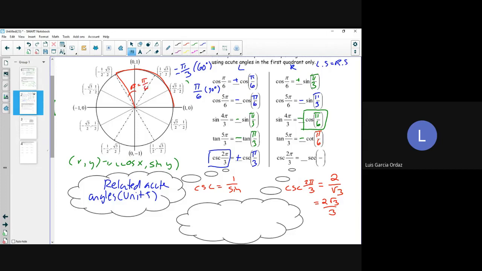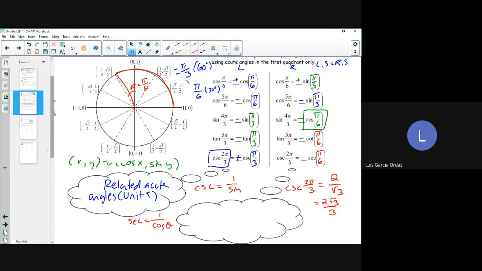So secant is the reciprocal of what primary trig ratio? Cosine. Okay. So what is cosine of pi over 6? Root 3 over 2. Which means secant of pi over 6 is?